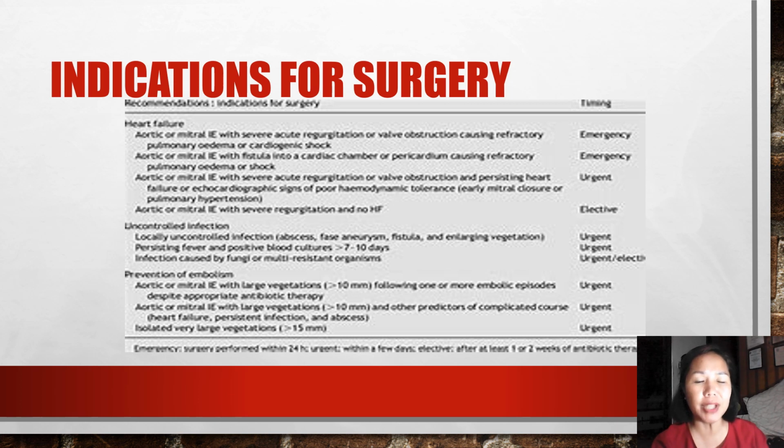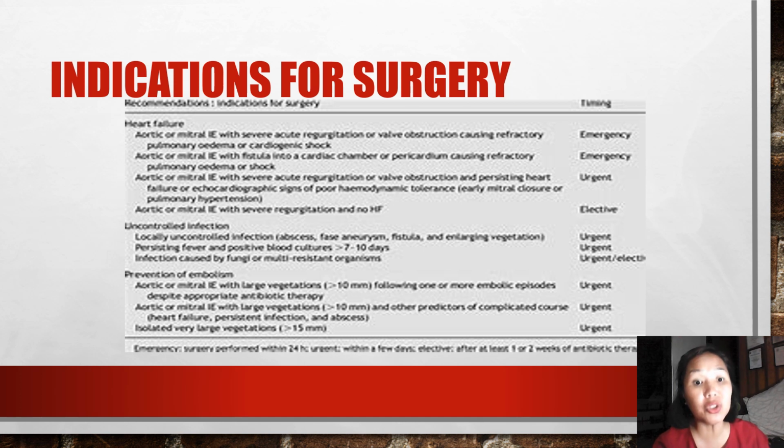These are aortic or mitral infective endocarditis with severe acute regurgitation or valve obstruction causing refractory pulmonary edema or cardiogenic shock, aortic or mitral infective endocarditis with fistula into a cardiac chamber or pericardium causing refractory pulmonary edema or shock, aortic or mitral infective endocarditis with severe acute regurgitation or valve obstruction and persisting heart failure or echocardiographic signs of poor hemodynamic tolerance, aortic or mitral infective endocarditis with severe regurgitation and no heart failure.